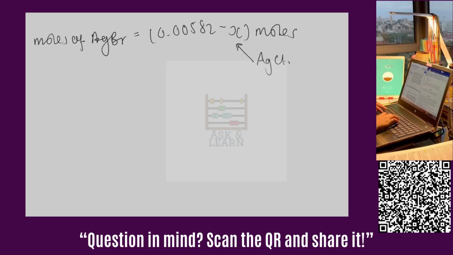So the molar mass of AgCl is 143.32 grams per mole.